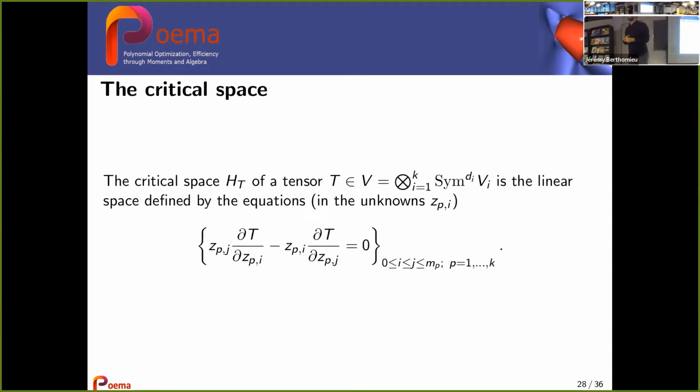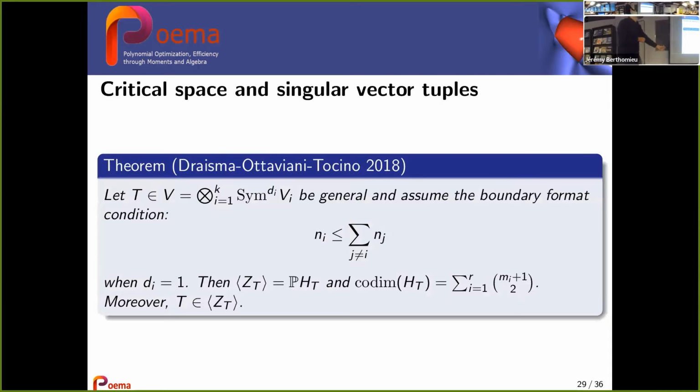So before we were looking just for solutions of rank 1, here we have any rank, and this defines a linear space. And Draisma, Ottaviani, and Tocino in 2015 have proven that, together with again the boundary format condition, the linear span of Z of T is exactly equal to this critical space. And they computed exactly the dimension of this critical space. In particular, they showed that T belongs to the critical space, and so immediately you get that T is in the linear span of its singular vector tuples.